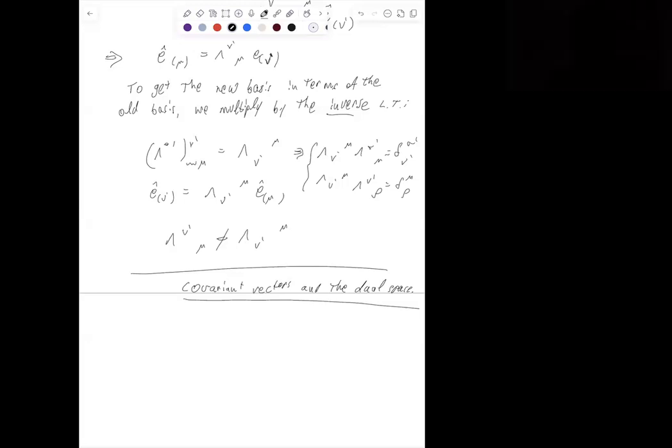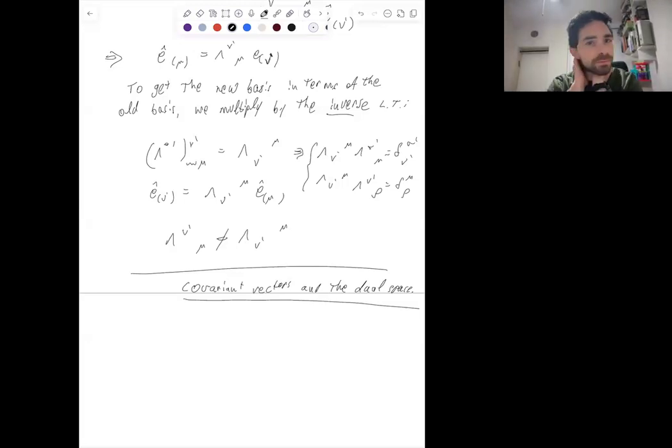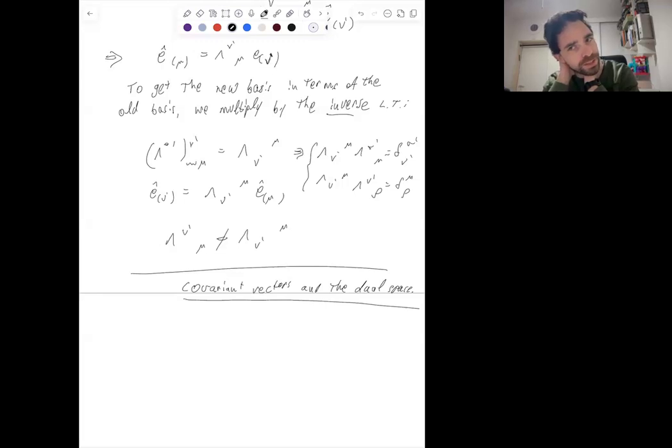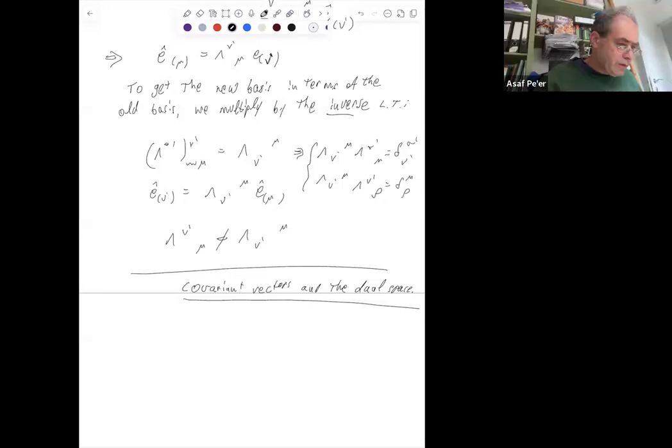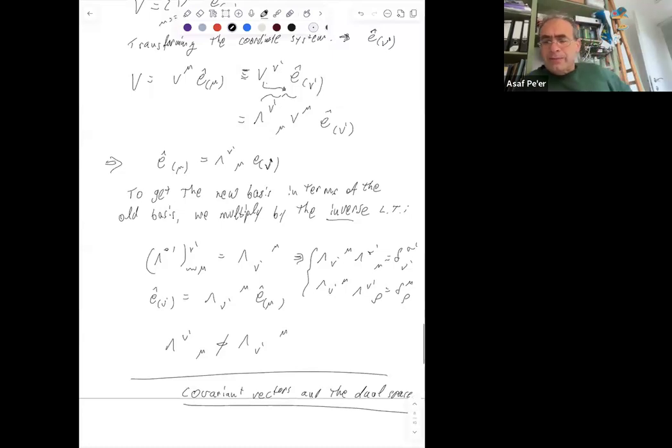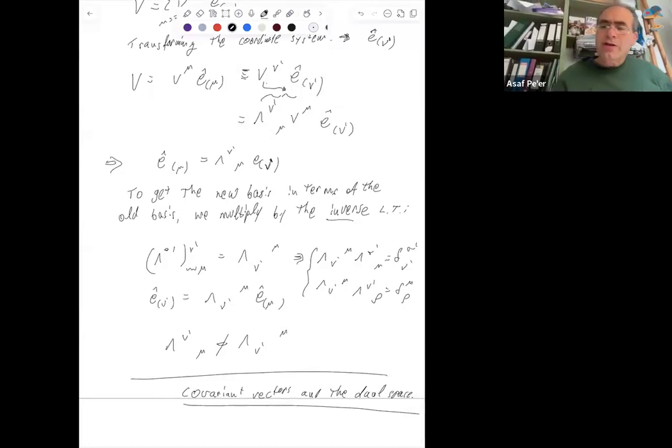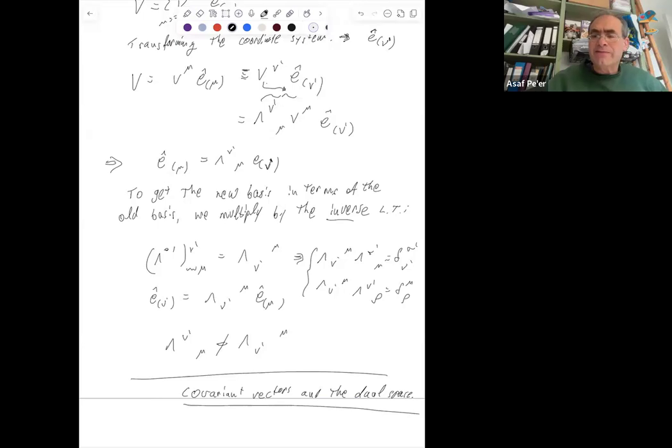Can I ask a little question? Yeah. Can you explain again the covariant and contravariant indexes, because I didn't really understand it, and why is it called this way? Well, the origin of the name is that it's contra to the way that the basis vectors are transformed. If it goes with the basis vectors, then it's called co, and you'll see it with a lower index.